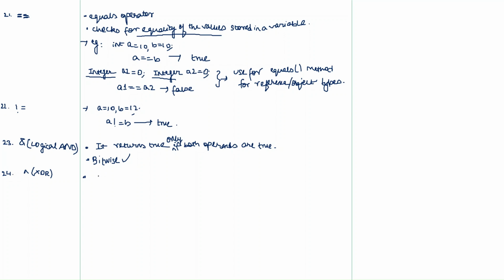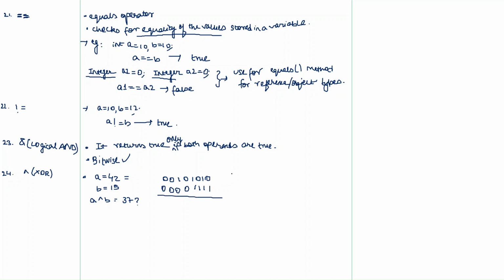Let's say that I have a equal to 42 and b equal to 15, and then I write a XOR b. This value would be 37. How exactly? The binary value for 42 is 0 0 1 0 1 0 1 0, and that for 15 is 0 0 0 0 1 1 1 1.